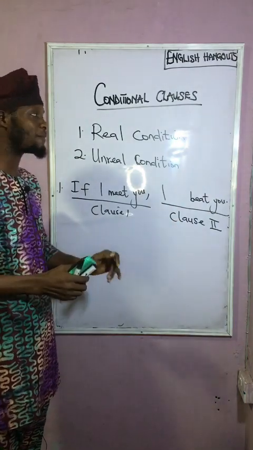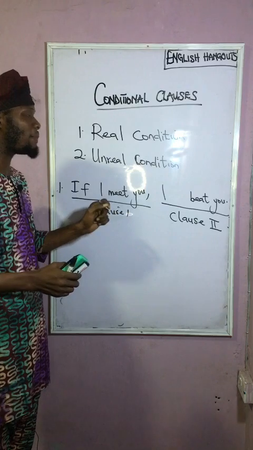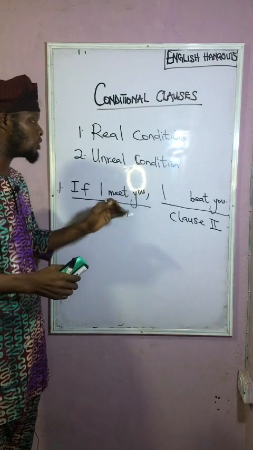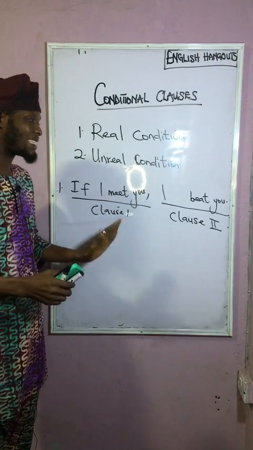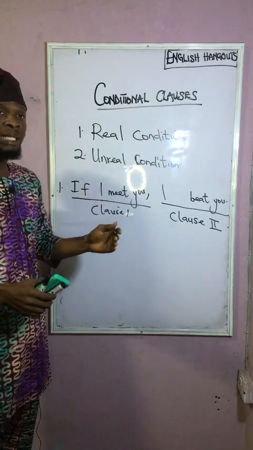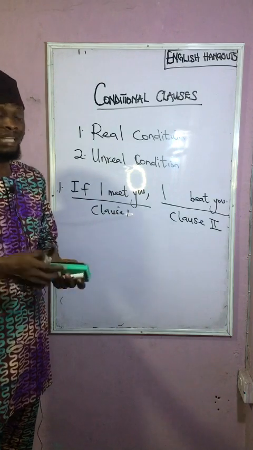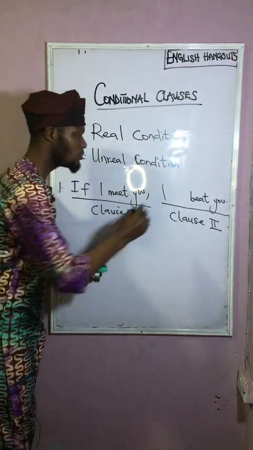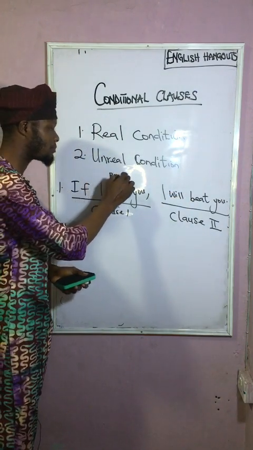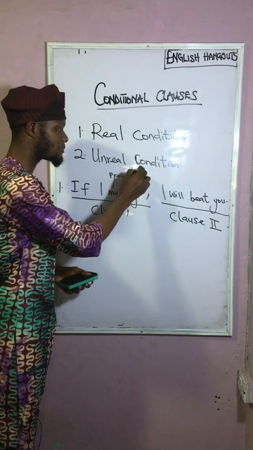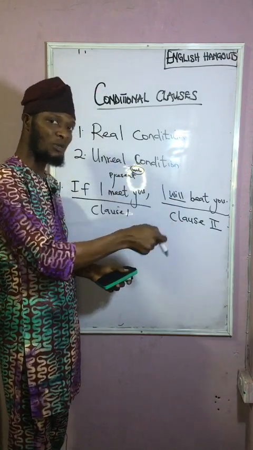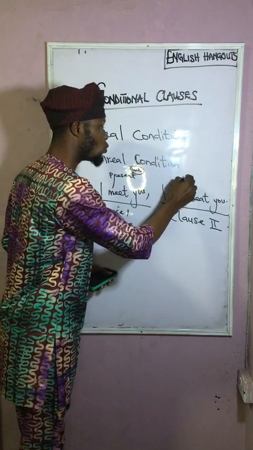If you are to determine whether a particular statement is a real condition, just like I said earlier, a real condition has to do with actions that are practicable, and or actions that have happened. If I meet you, I will beat you. Meet here is a present verb. The past form is met. Will here is a present modal auxiliary verb. The past form is would.